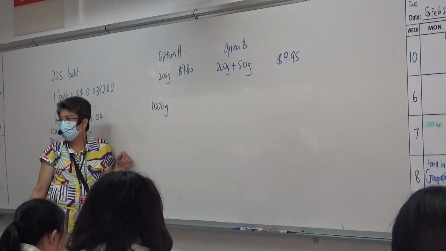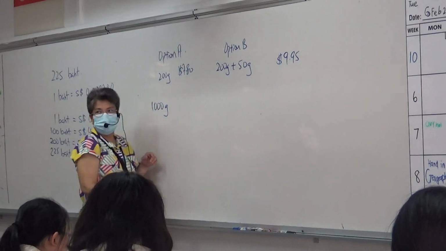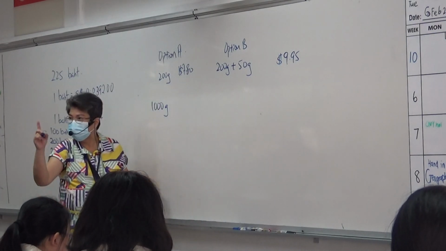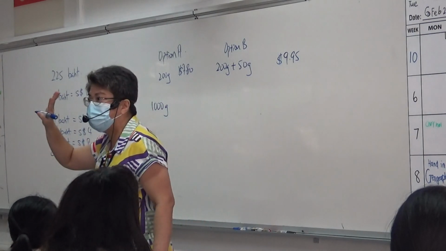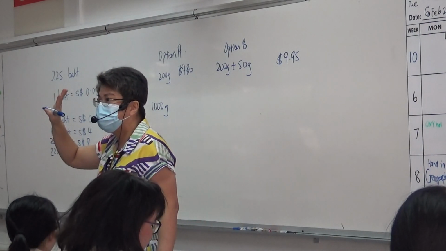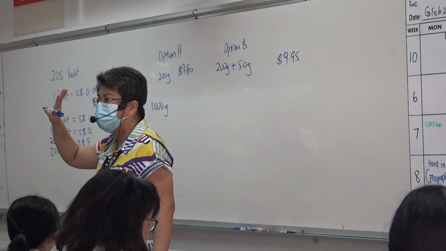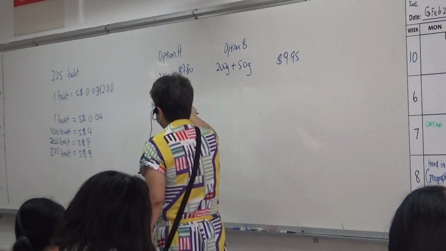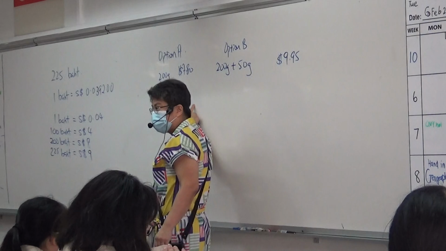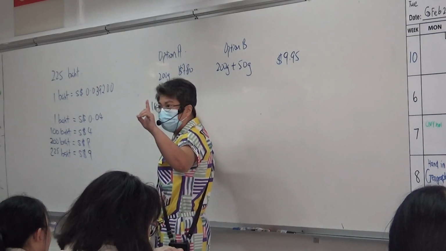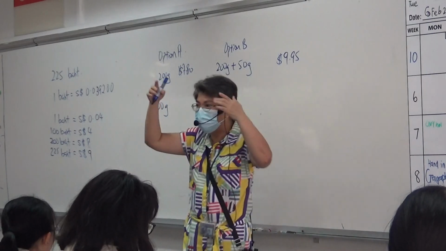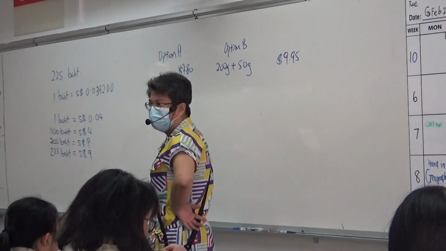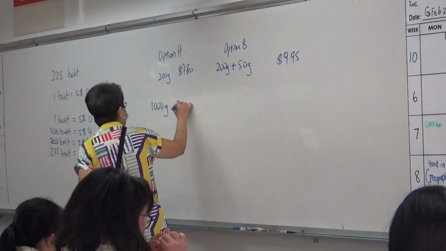Now, do you agree that 1 kilogram is 1,000 grams? I times what? Times 5. So this one, if I times 5, 8 times 5 is $40, right? Then I must deduct $1, right? Do you agree with what I'm saying?